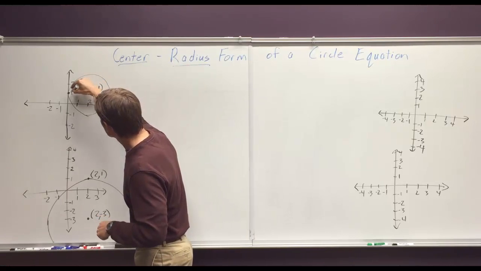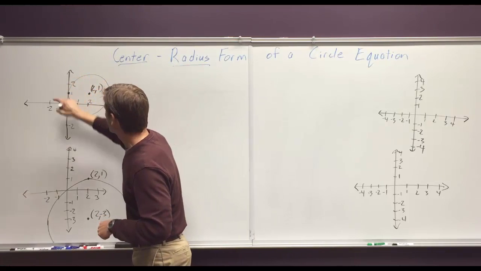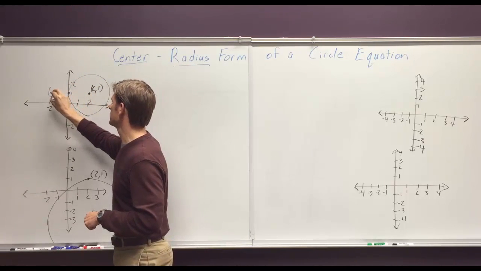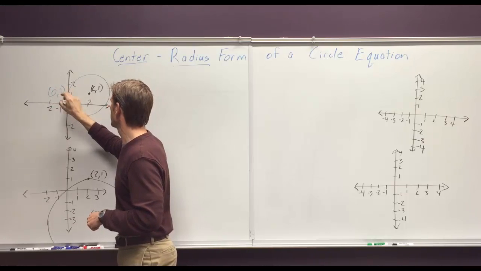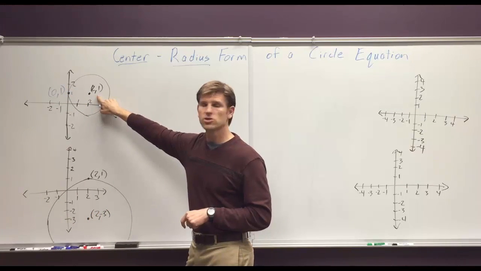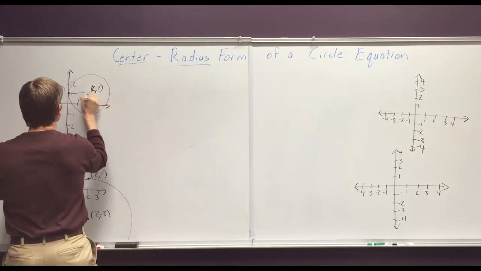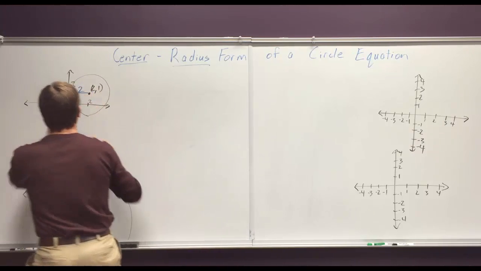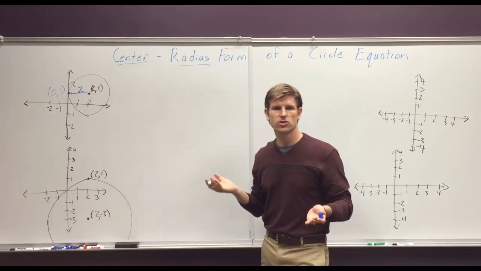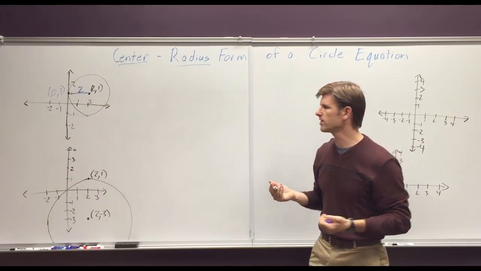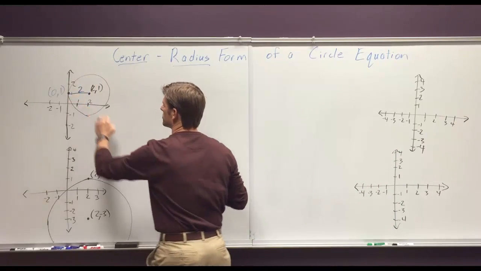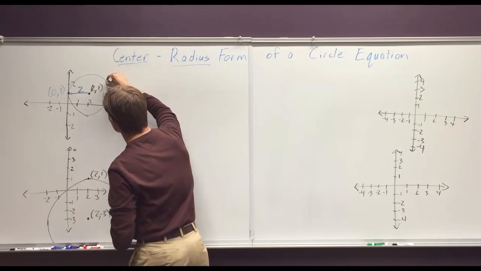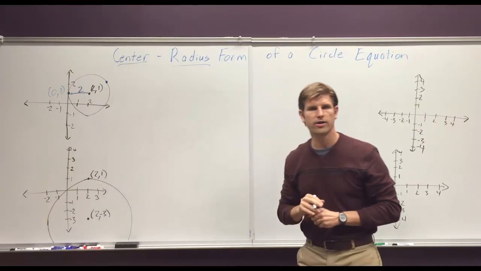So here you can see, since I'm going through this point, which happens to be 0, 1, and this point, which happens to be 2, 1, the radius is pretty clearly 2, and the center is at 2, 1.